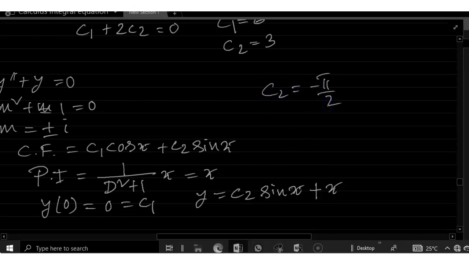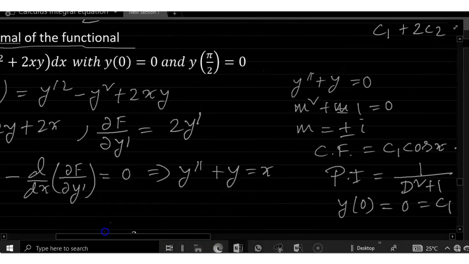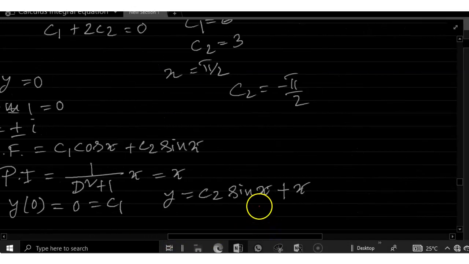Putting the initial values, when x equals pi by 2, c2 equals minus pi by 2, and y equals 0. Okay, this is my answer.